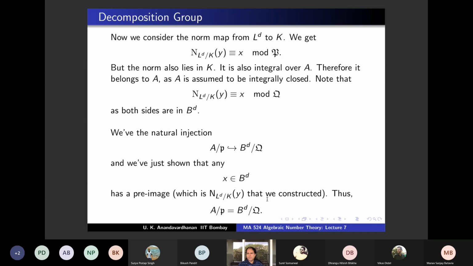Observe that it has this particular property, that it is the smallest field contained in L and containing K such that P is the only prime lying above P intersection E. And finally we proved this result, that A/P is BD/Q, where BD is the integral closure of A in the decomposition field LD. Okay, I think it's a good place to stop.